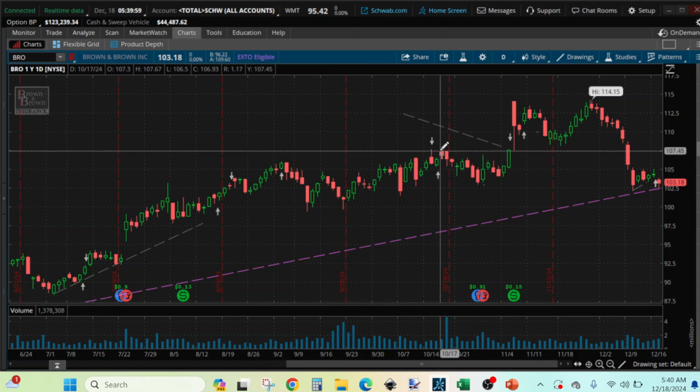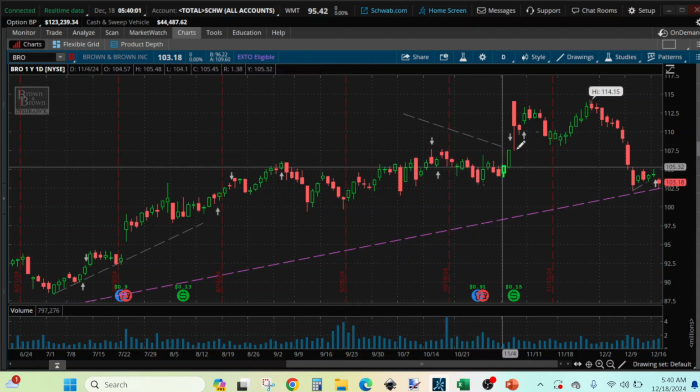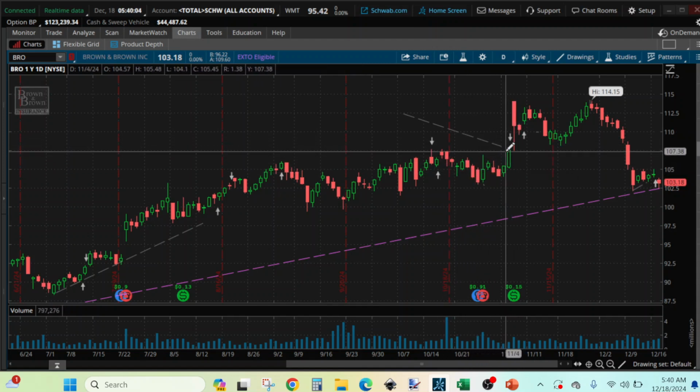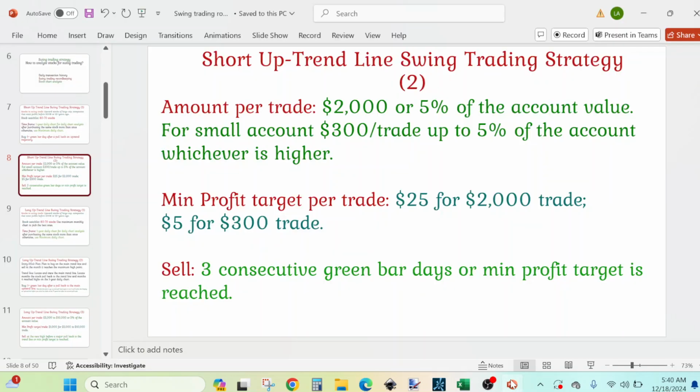Although we can purchase it, it can pull back, and then we can wait on it until it reaches the minimum profit target for us to sell. But we set a low profit target per trade, and pretty much work on a short uptrend line, the upswing side of the zigzag.